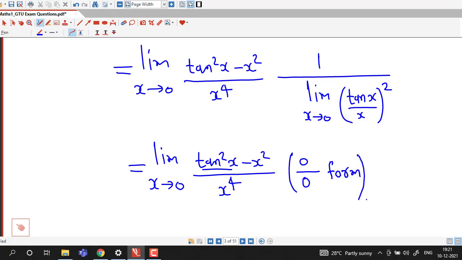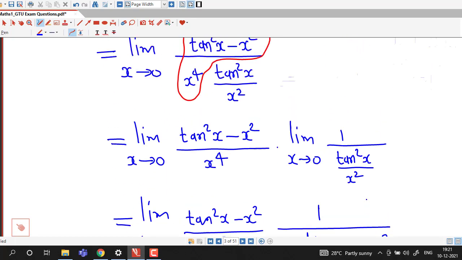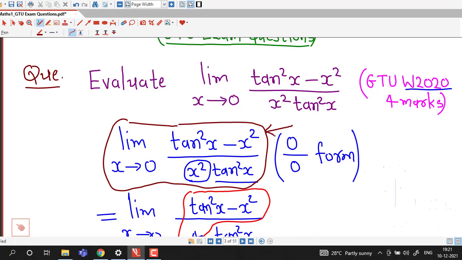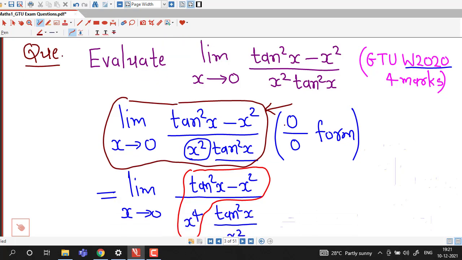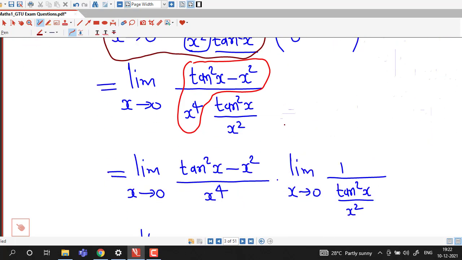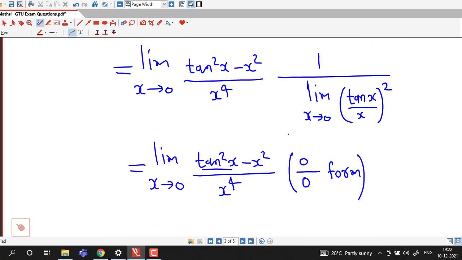So this is also a 0 by 0 form. We have converted this limit into a simpler limit, which is also a 0 by 0 type indeterminate form, and we could apply L'Hospital rule from this step if we wish, but we have not applied it yet.